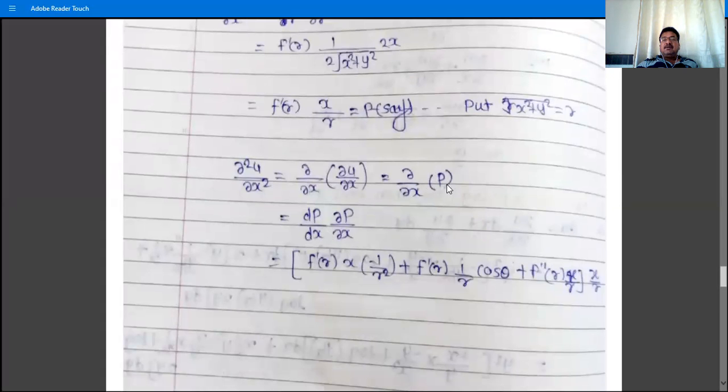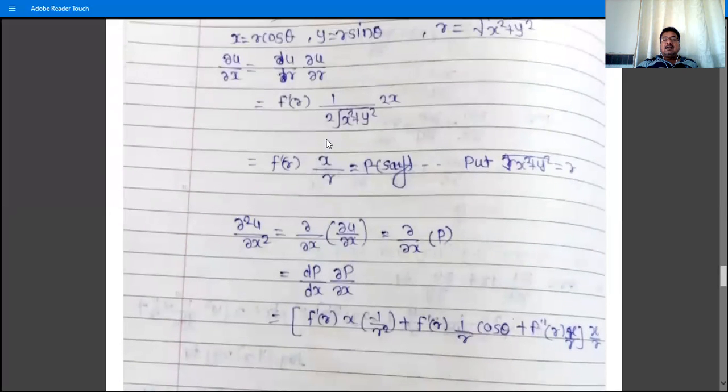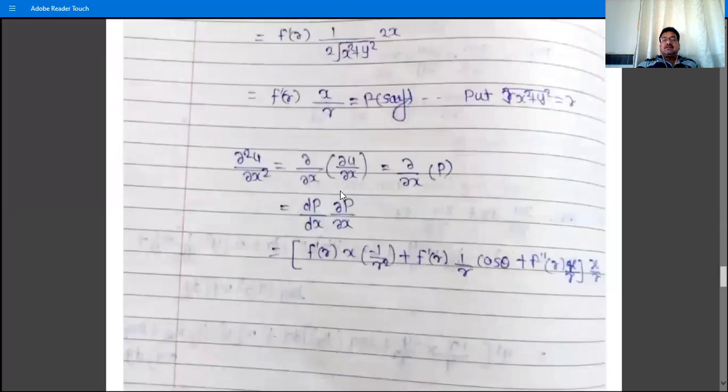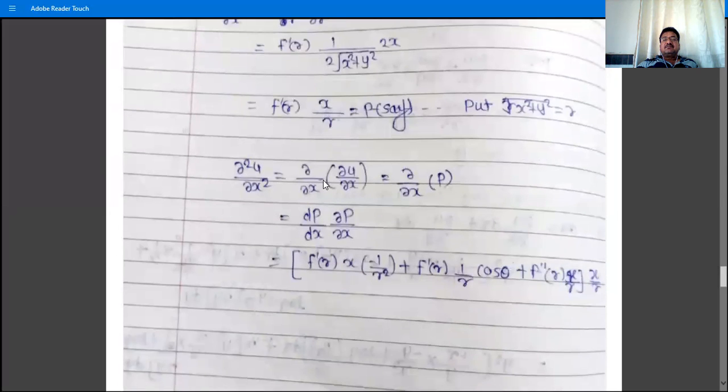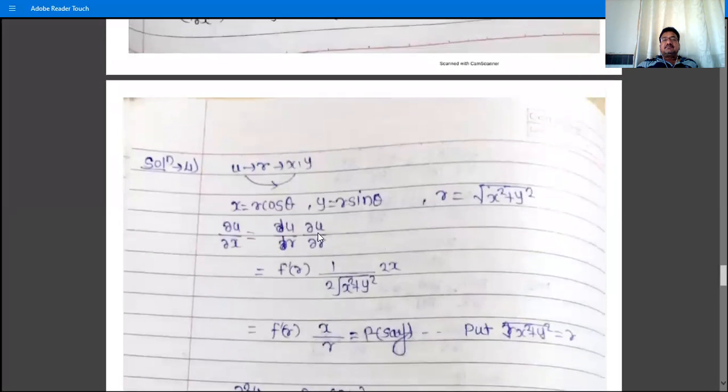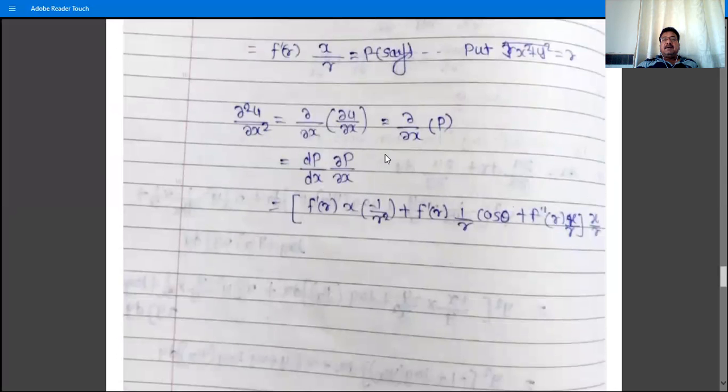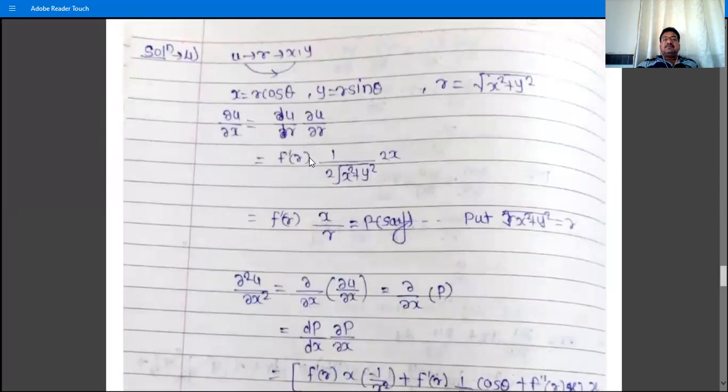Then the derivative of p with respect to x is what? By using chain rule again. P is the function of r, and r is the function of x and y. And so ∂p/∂x is ∂p/∂r times ∂r/∂x, because p is the function of r, and r is the function of x and y.